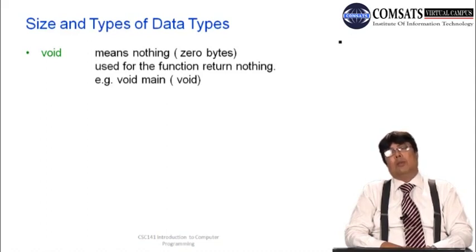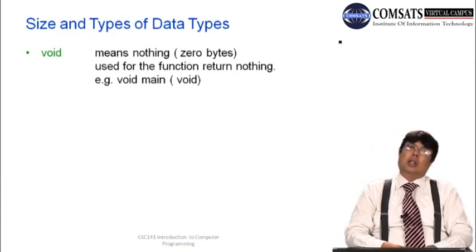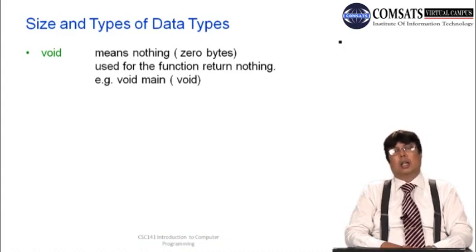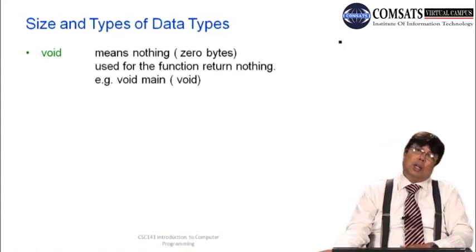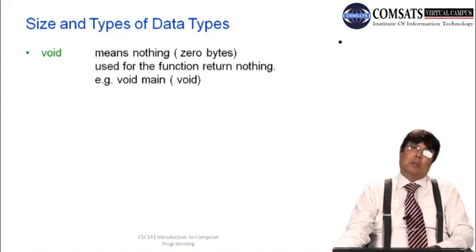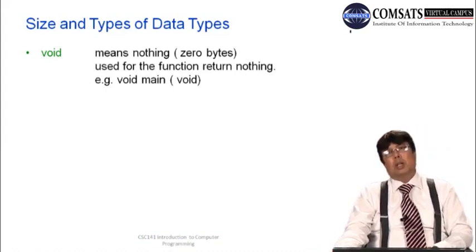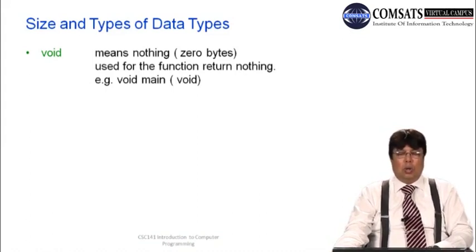At this time we have only defined the data type that is used to represent one single character. But as I said, we will discuss the modification of this char data type to represent strings also. A string is a combination of multiple characters. Finally, the void. The 5th data type is void, which represents nothing, but it is very important to have this data type to define the functions.